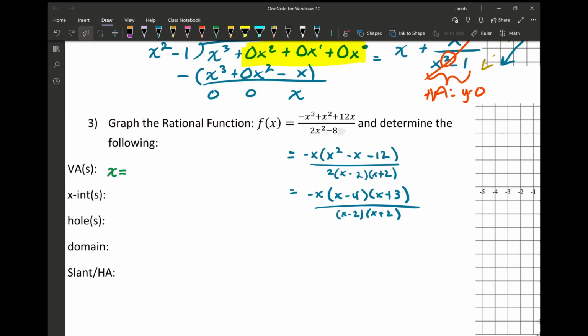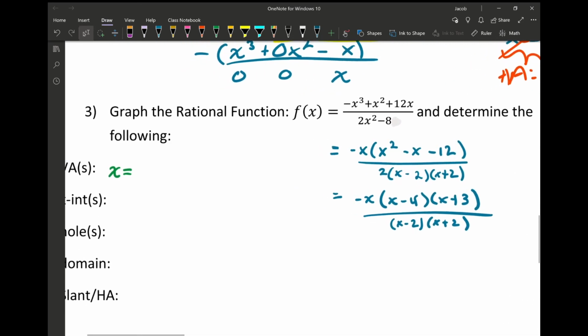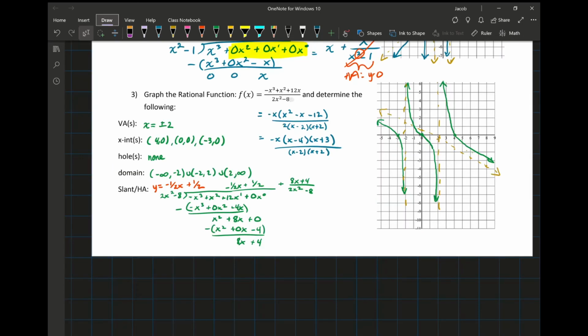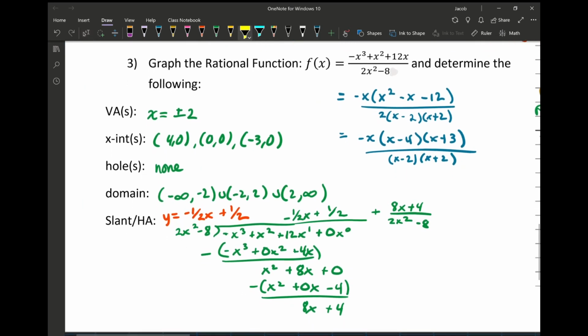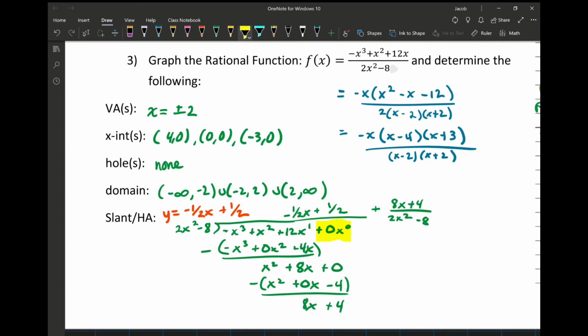With this third function, I'm going to figure out all the characteristics and graph what I can. Use a graphing calculator if I don't have enough information, and then determine what the slant asymptote is by dividing. There we have it. We have 3, and I did have to add in a placeholder term at the very back of this division, while making sure to keep those placeholders present throughout the whole division sequence when they were required.